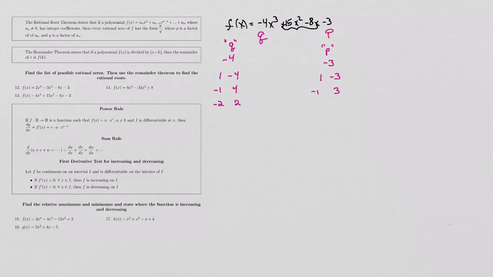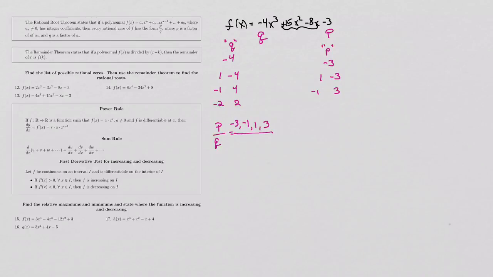And then we're going to put all of these numbers over each other and create a list of possible zeros for this polynomial. In our formula, it says p divided by q, so that's what we're going to do. My p is negative 1, negative 3, negative 1, 1, and 3.